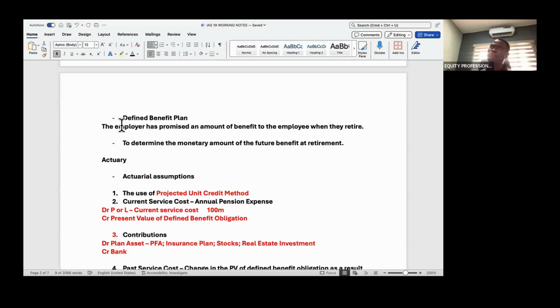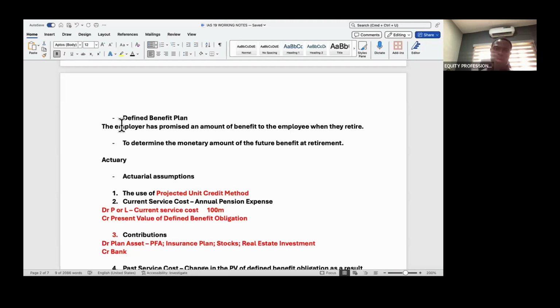And when you know how much the benefit will be, you also need to calculate how much we are supposed to be contributing every month or every quarter, however it is. Nigerian law requires we do the contribution every month. So how much are we going to be contributing? Yes, we know that the Pension Reform Act says 18% in total, but that might not be enough.